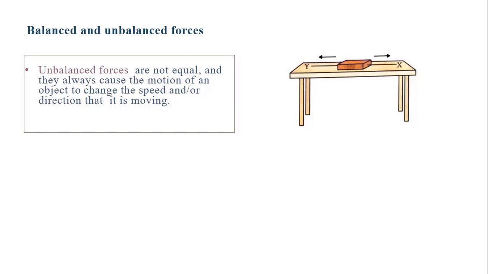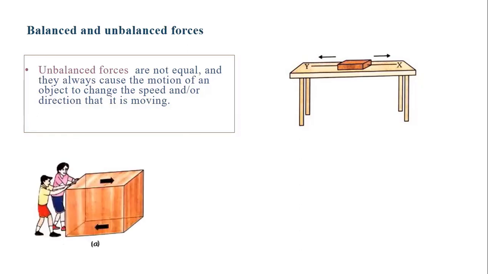In some cases, if x is greater than y, the wooden block will move in the right direction. If y is greater than x, the wooden block will move left, right? So due to the imbalance, the wooden block can change its state.